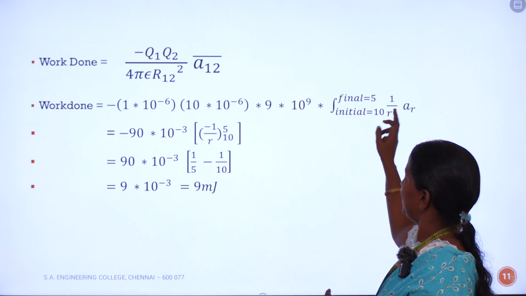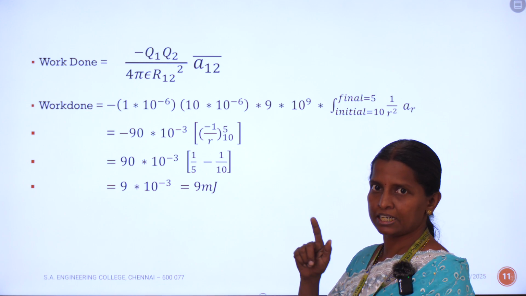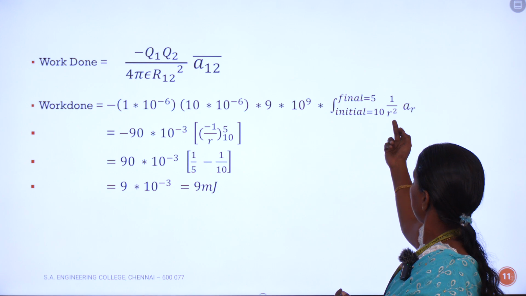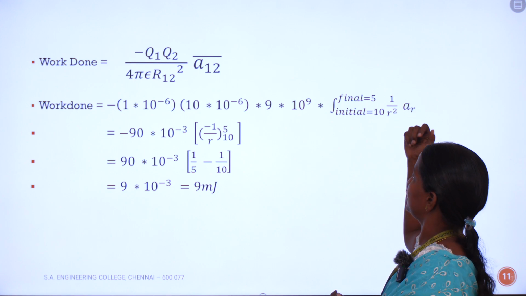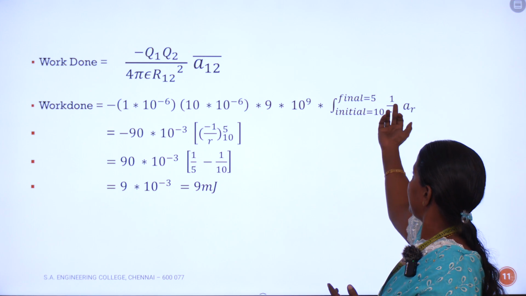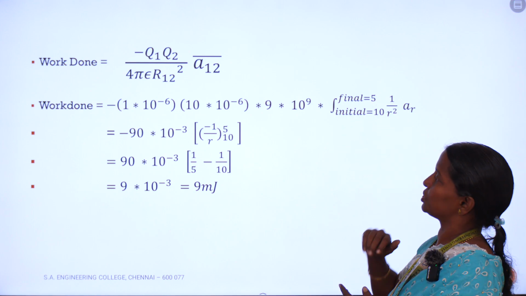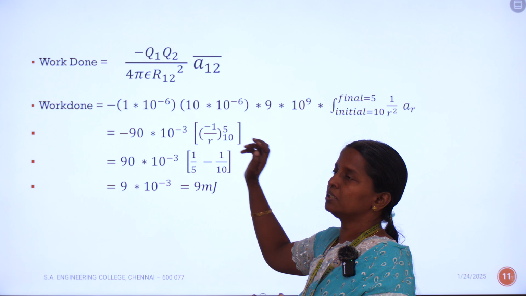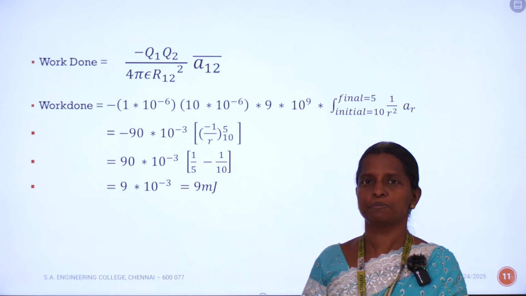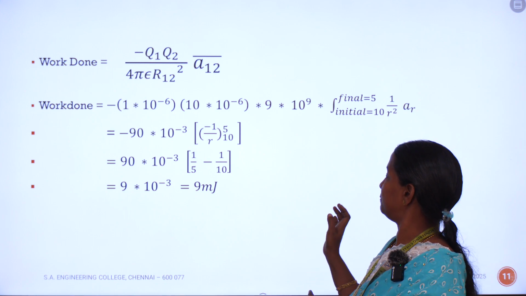That is 1 divided by r square, so the integral of 1 by r square dr, with minus 1 divided by r square into the unit vector, that is our AR. What is the integral of 1 by r square? We know the integration formula: integral of x power n dx is x power n plus 1 divided by n plus 1.